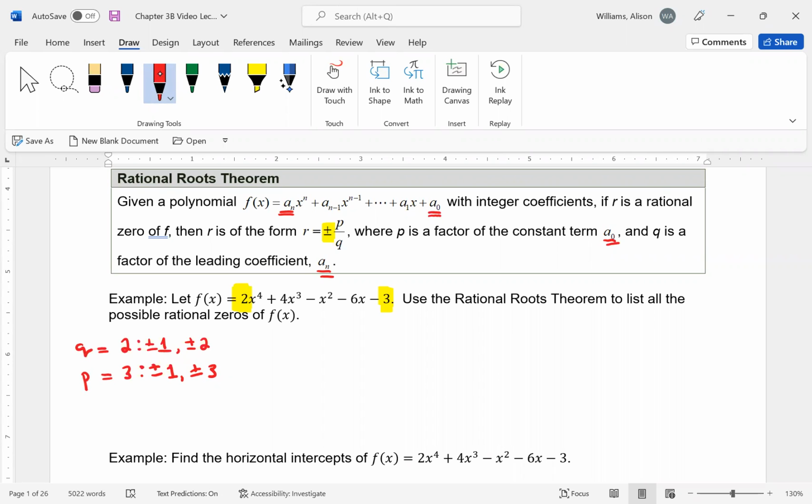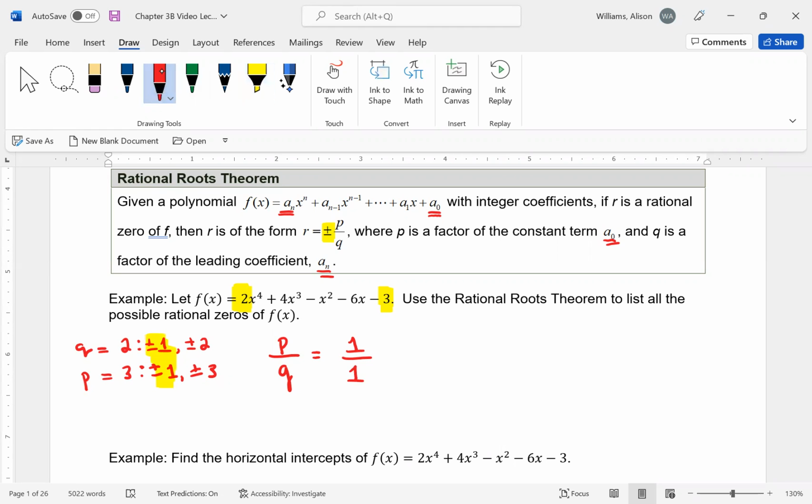So according to the theorem, possible roots are the factors of P over Q. So let's list possible combinations of P over Q. Let's start with when P equals 1. When P equals 1, it could be over the factor 1 for Q. So basically, I'm pairing up these two factors right off the bat.